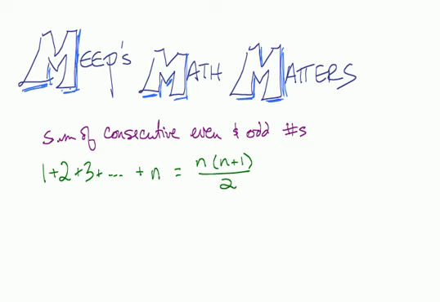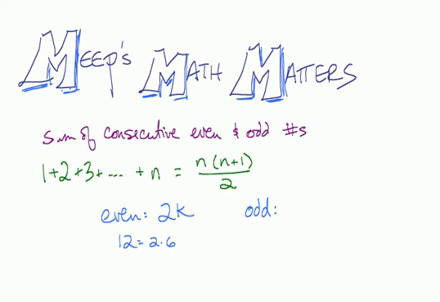Well, let's consider the concept of even and odd numbers. An even number you can represent as 2 times some whole number. As an example, 12 is 2 times 6, so it's even. An odd number, there's a couple of ways you can represent.